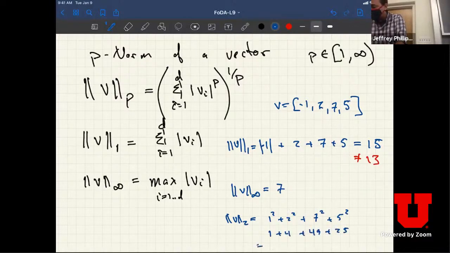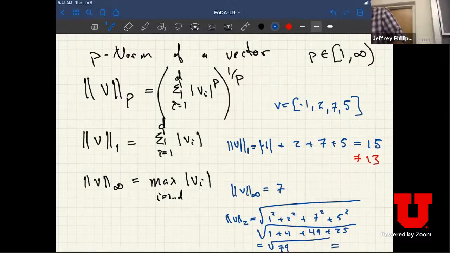And this should be equal to the square root of 79, right? And this is equal to about 8.88, I think.